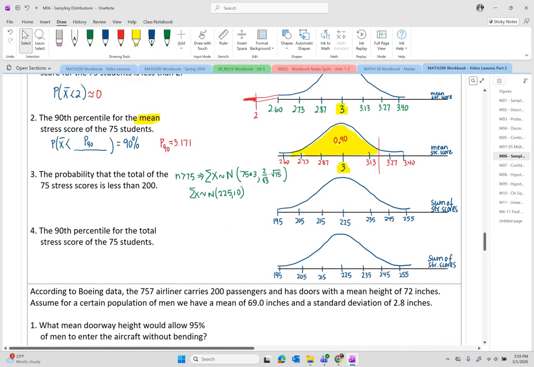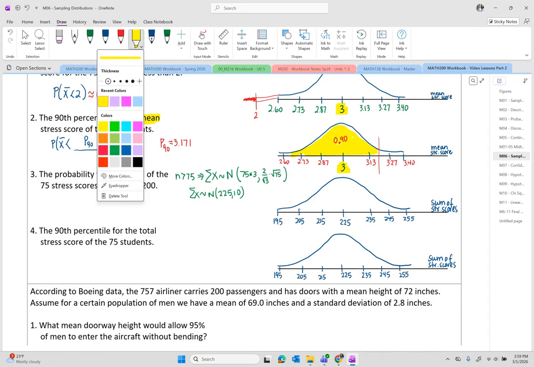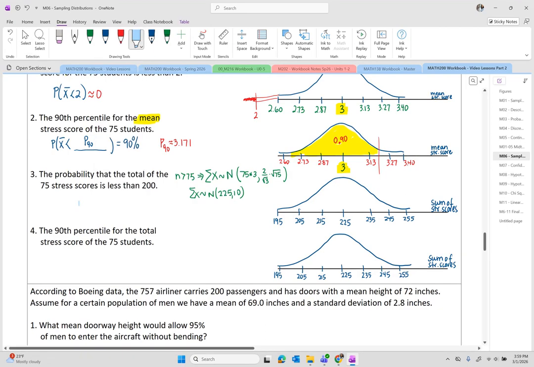Questions 3 and 4 are asking us to find probabilities for the total of the 75 stress scores and the 90th percentile for the total of the 75 stress scores, and that is the sum.